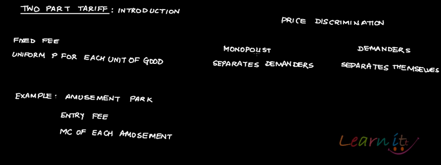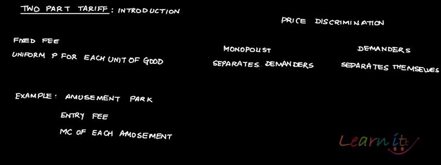Two-part tariff. Now, this is also one of the forms of price discrimination, but it distinguishes itself from the normal price discrimination, because normally what happens is that the monopolist separates demanders.